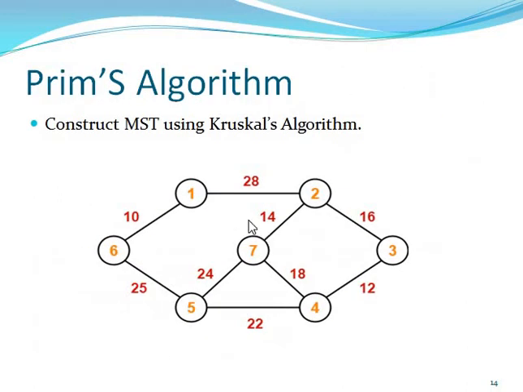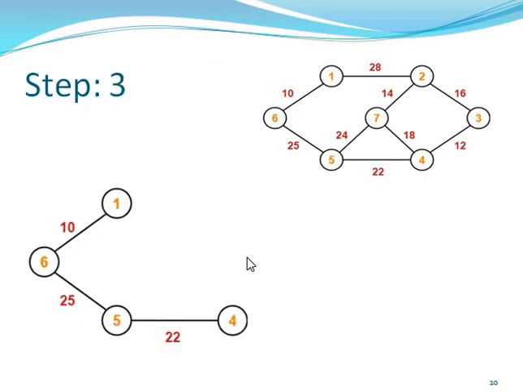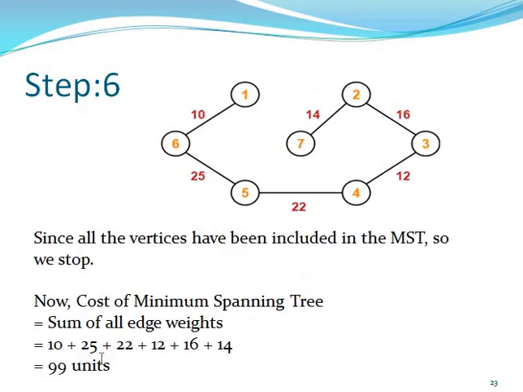Also in Prim's algorithm, you are given a chart or an image, and you find the MST using Prim's algorithm. And finally the answer is important; you can write it also. So this is your answer.